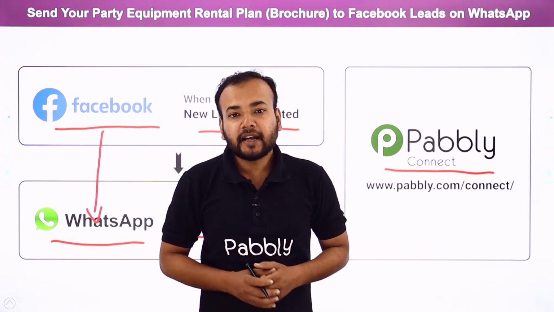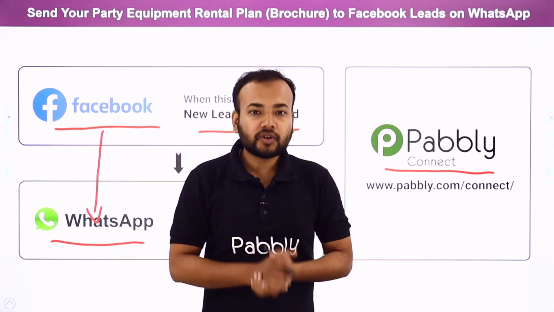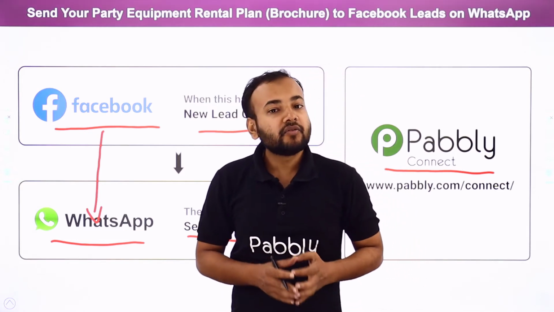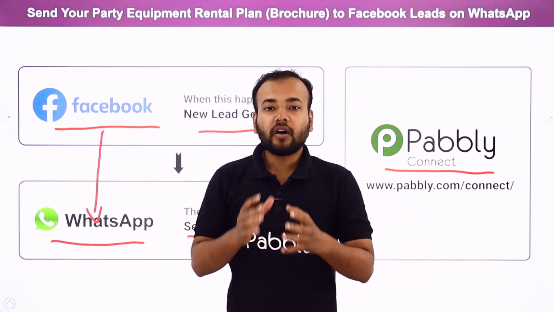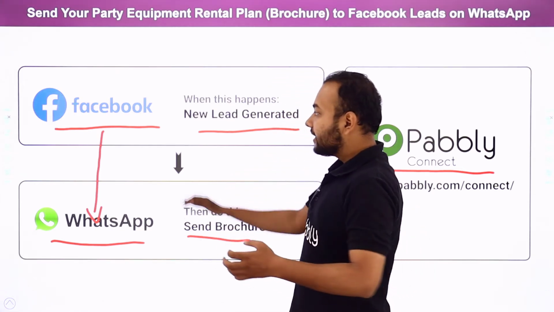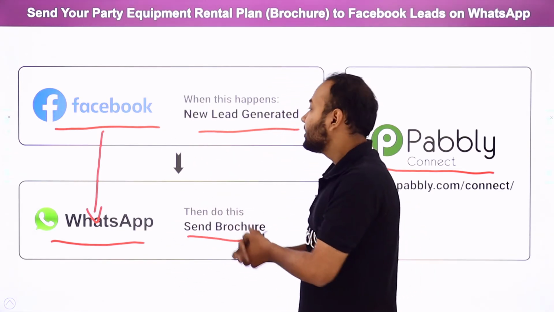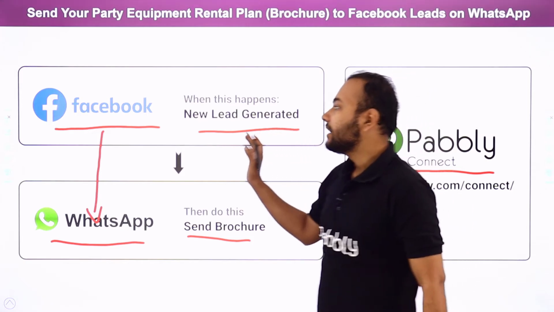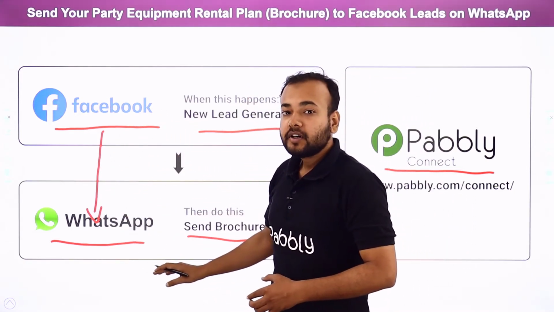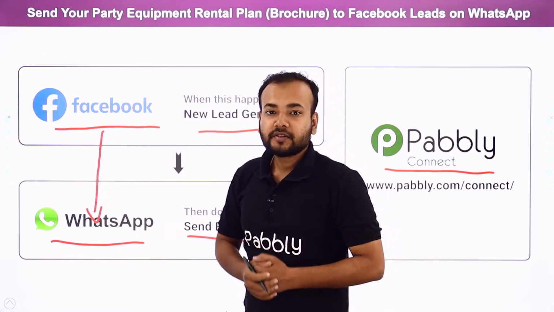Pably Connect is an integration and automation software, and the best part of making this automation is that you will not require any coding skills or programming knowledge. It will connect these two applications together such that whenever a new lead gets generated, a WhatsApp message is automatically delivered to the lead along with your business's brochure.